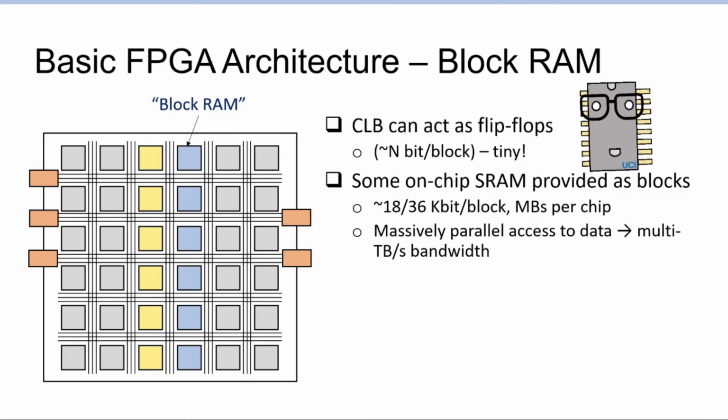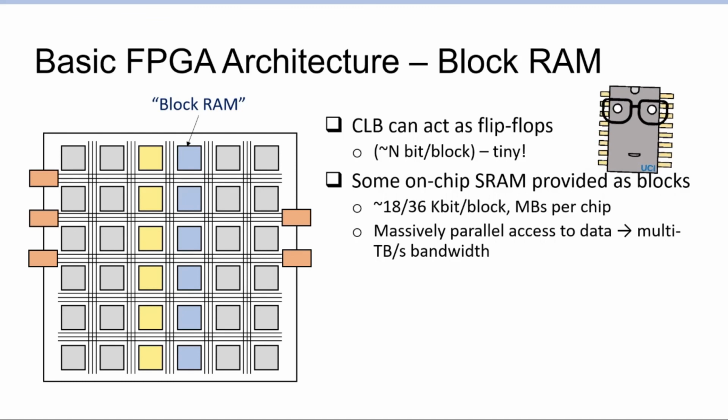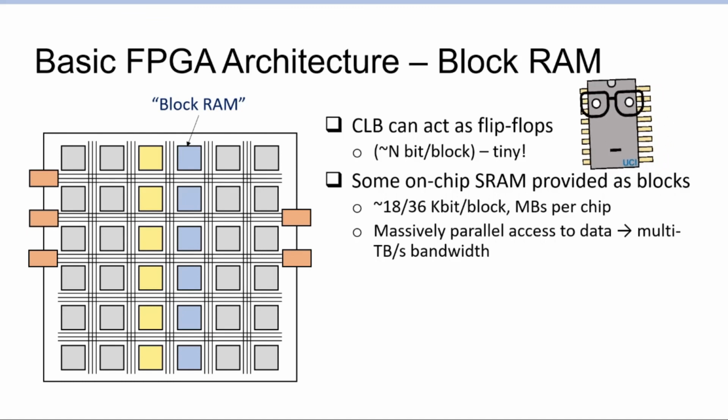And this is tiny if you want to build something like a cache memory. You will have to use a lot of these blocks just to implement a few kilobytes worth of memory. And if you want to build a design that has a lot of scratchpad memory or caches or large FIFO queues, then this would be an inefficient use of resources.